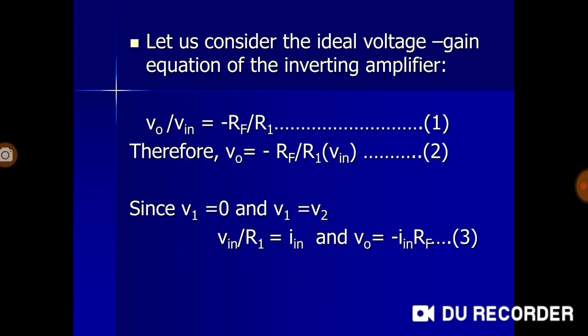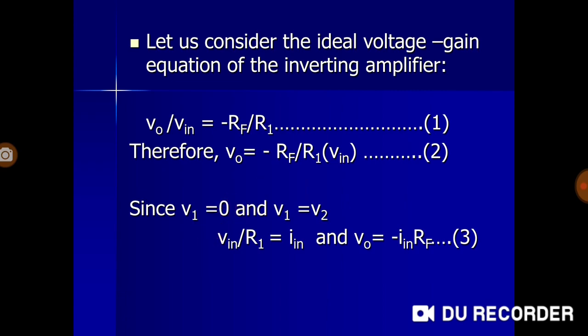So we know that the closed loop gain of an inverting amplifier, V0 by V in, is given by minus of RF by R1. Then the output voltage can be represented in terms of input voltage, which is multiplied by the factor RF by R1.